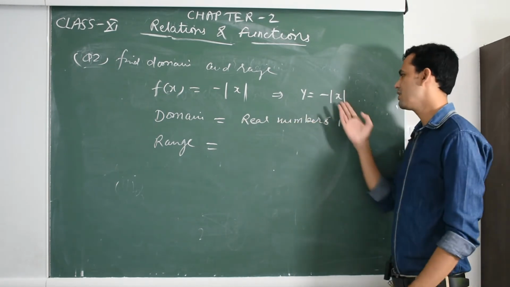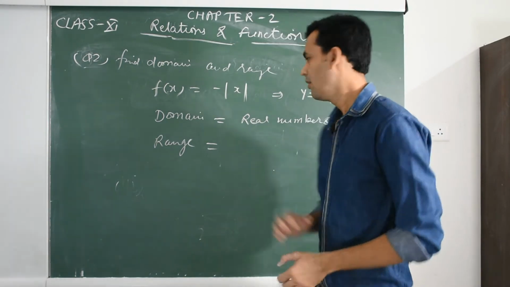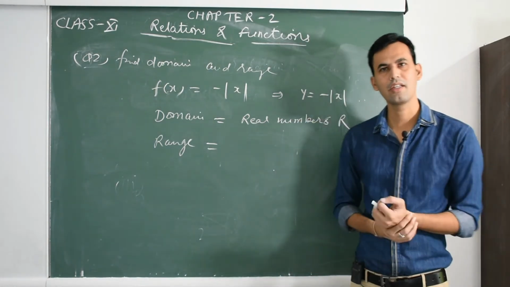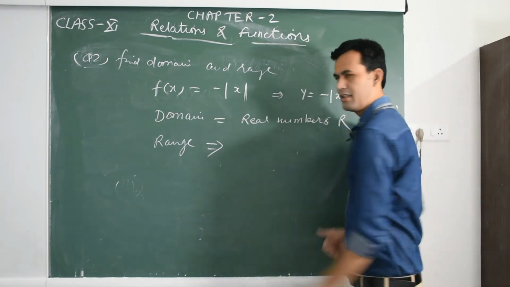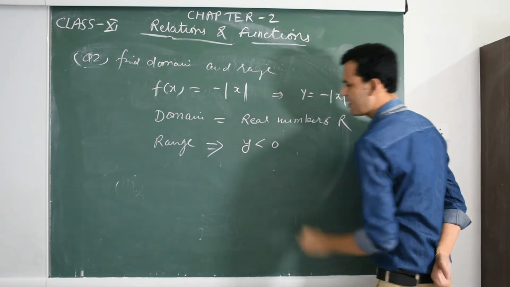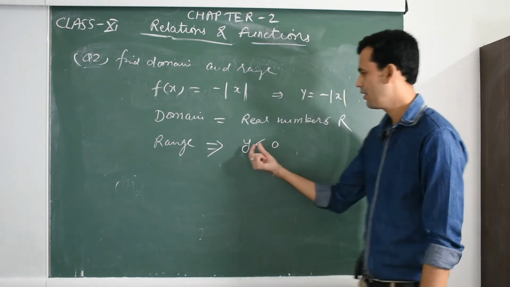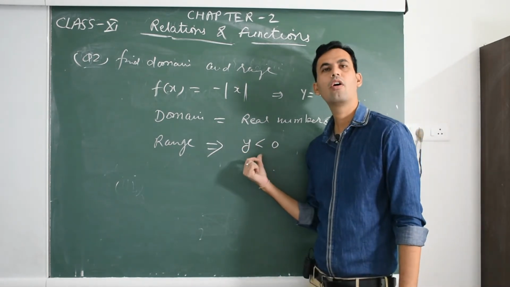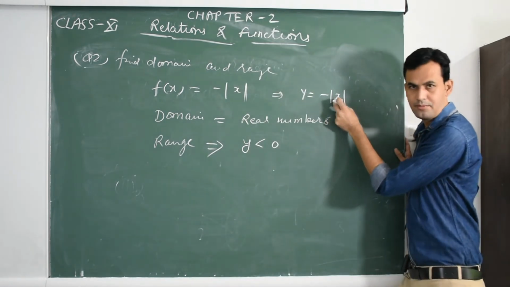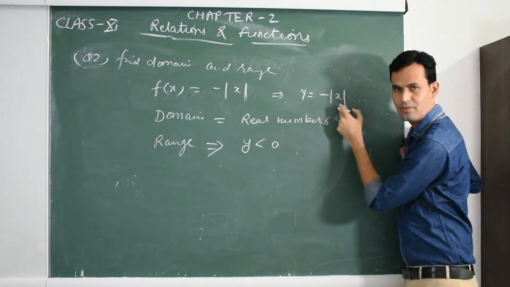R as the value of x. Okay, we can put any real number R here as the value of x. And what we will get is the value of y always less than or equal to 0. Why? Because if we put 1, then we get minus 1.